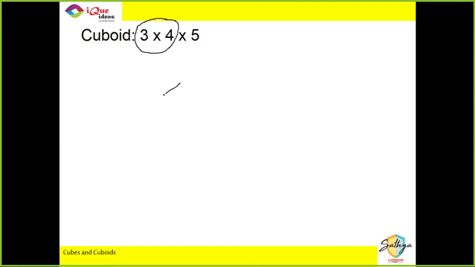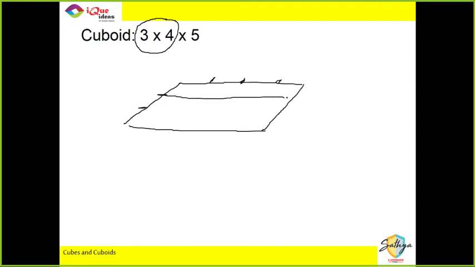So draw a parallelogram of 3 by 4. This side is 3 and this side is 4. So I draw a parallelogram of 3 by 4 and then I draw the lines. So ये 3 में बट गया, ये portion 4 में बट गया. So 3 by 4 is made.